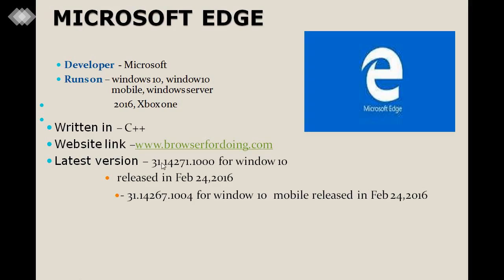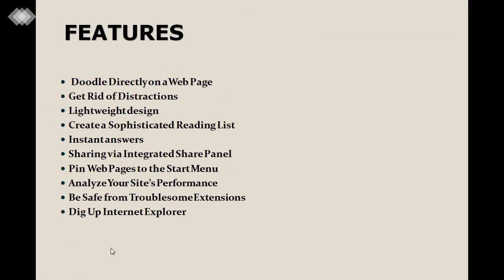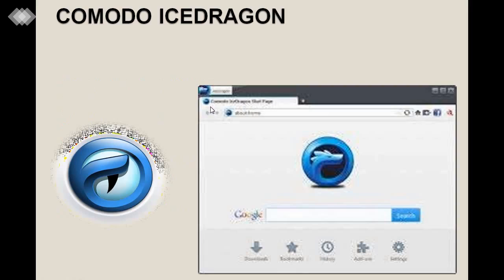And here is the website link: www.browserfordoing.com for Microsoft Edge. Features include doodle directly on a web page, get rid of distractions, lightweight design, instant answers, sharing information, analyzing your site performance, and safe from troublesome extensions. These are some features of the web browser.